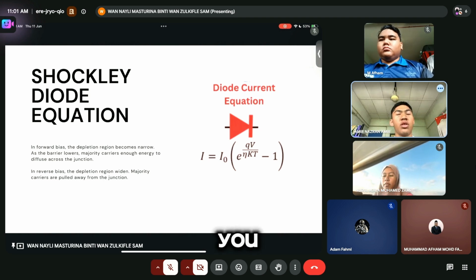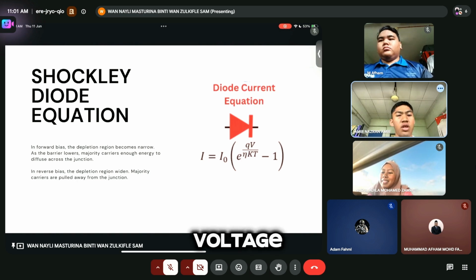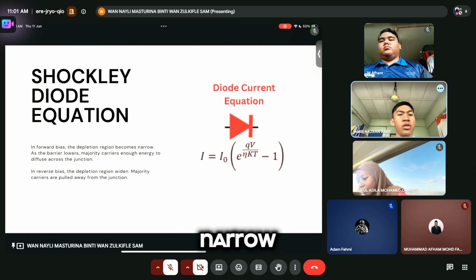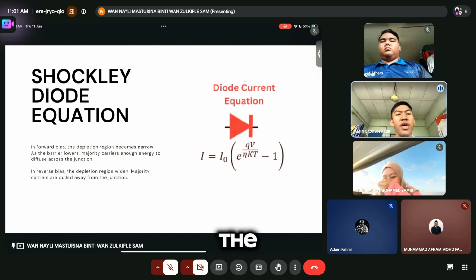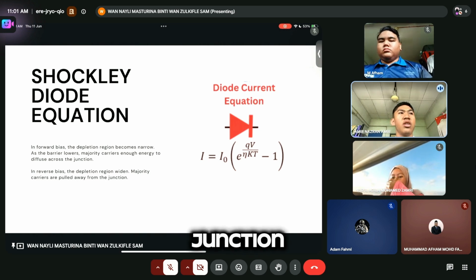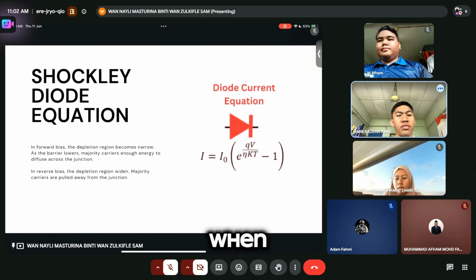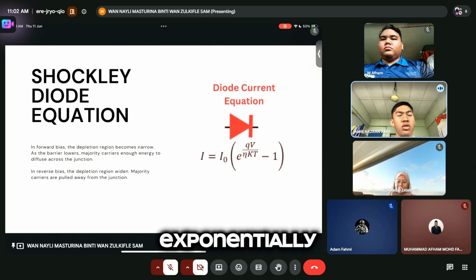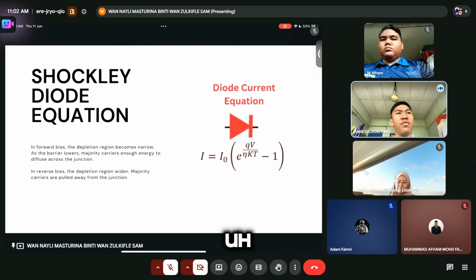As we know, when we apply the voltage in forward bias, the depletion region will become narrow, and as the barrier lowers, majority carriers have enough energy to diffuse across the junction. It means that this equation tells us that current increases exponentially in forward bias.